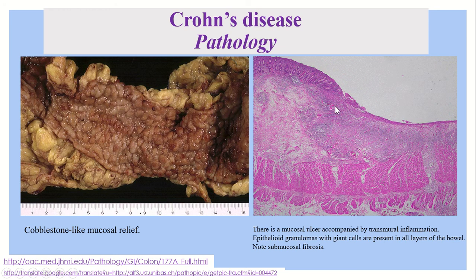In the histology, we see the transmural inflammation, affecting all of the layers of the intestine. Here we see the mucosa, submucosa, muscularis, and here the serosa. The epithelioid granulomas with giant cells are present in all layers of the bowel, and here is shown a submucosal fibrotic area, fibrosis is prominent here.